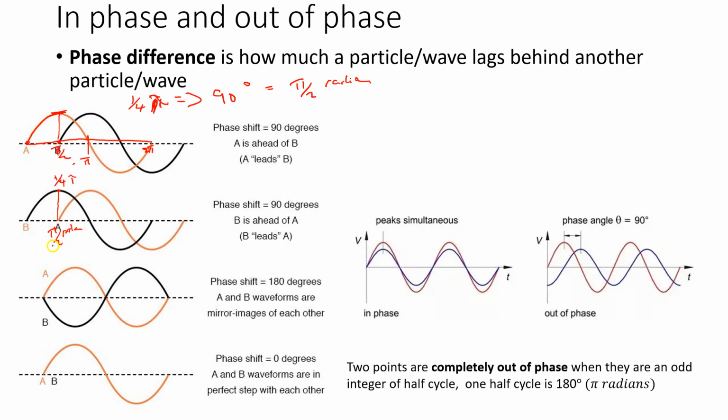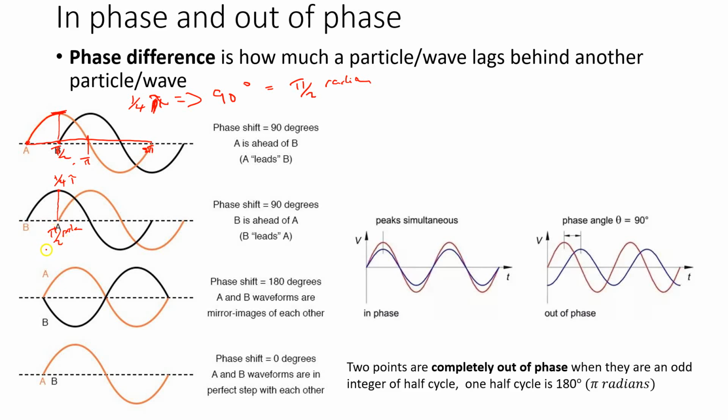So in this case, B is now leading by 90 degrees, or we could say pi upon 2 radians. You could also say that A is lagging by pi upon 2 radians, or 90 degrees.